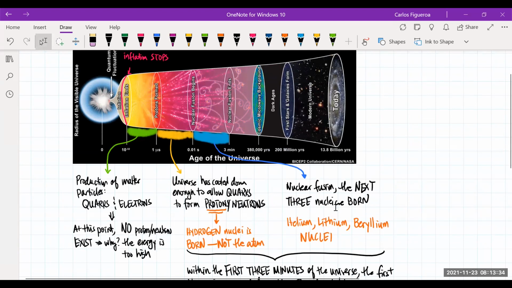After 3 minutes, and look at the span, 3 minutes to 380 years. And again, you're probably saying there's no way we can know that. And I'm going to say that's total BS.